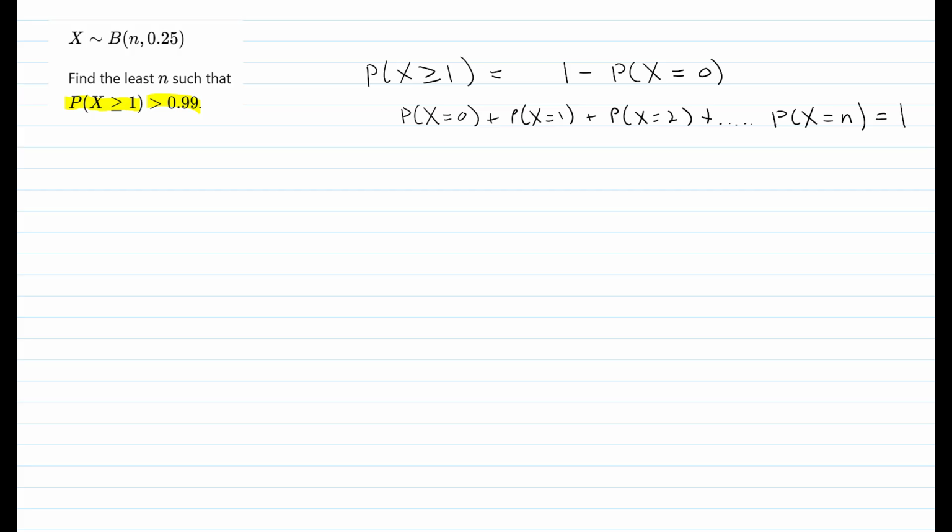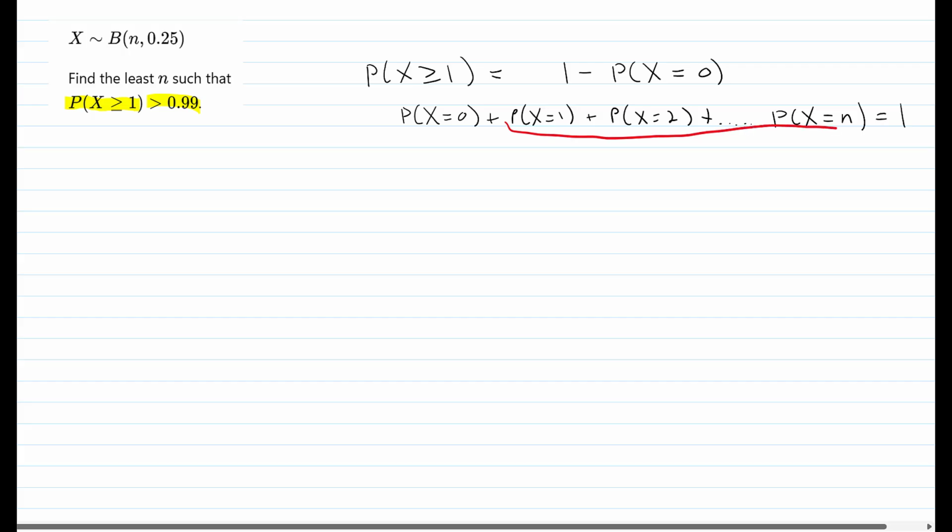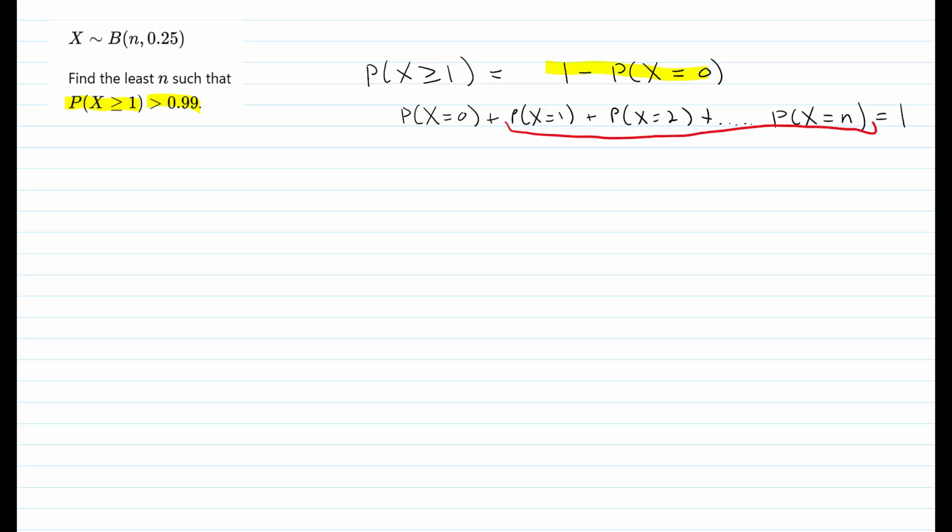Okay, so if we want the probability that X is greater than or equal to 1, that is all these ones here. So just rearranging that, we get 1 minus the probability that X is equal to 0 is the same as the probability that X is greater than or equal to 1.